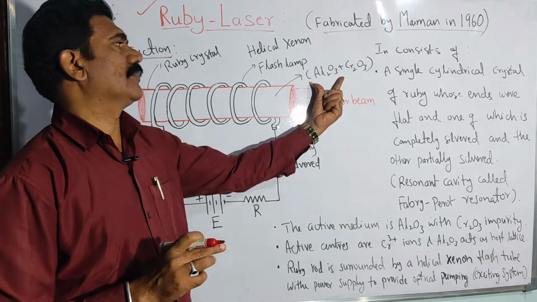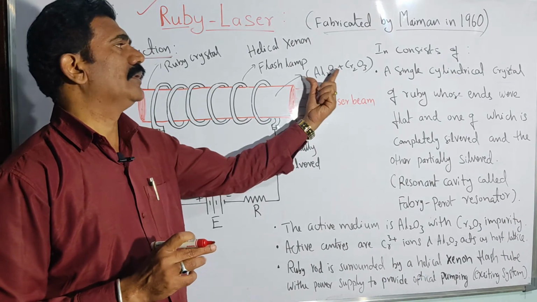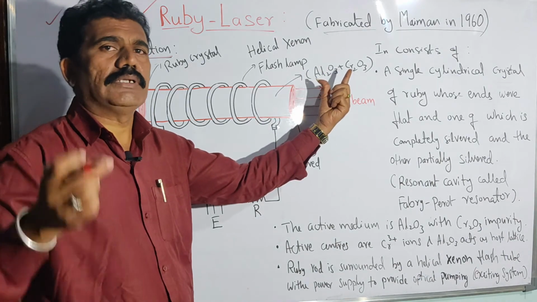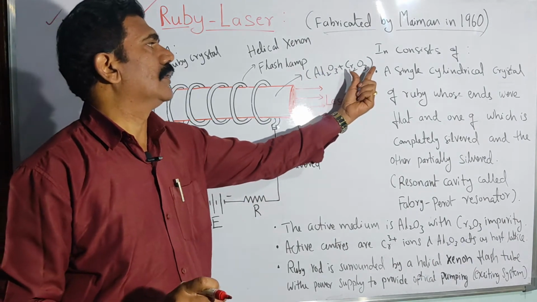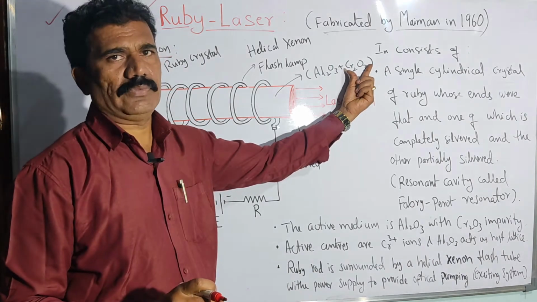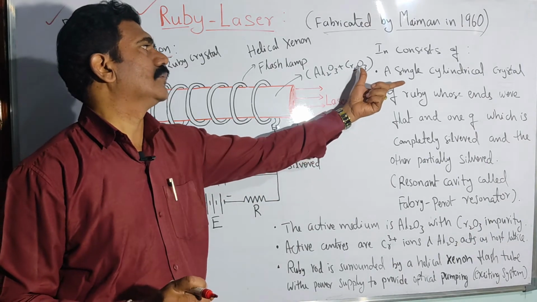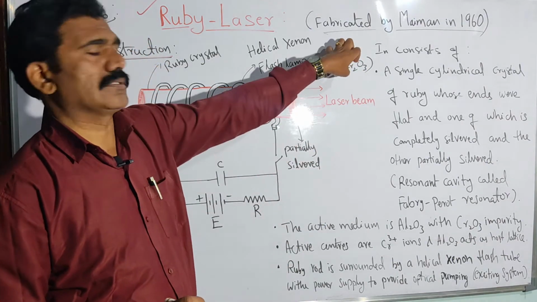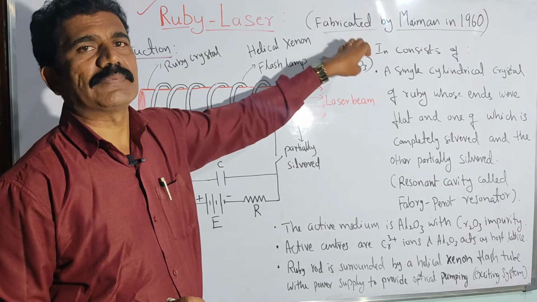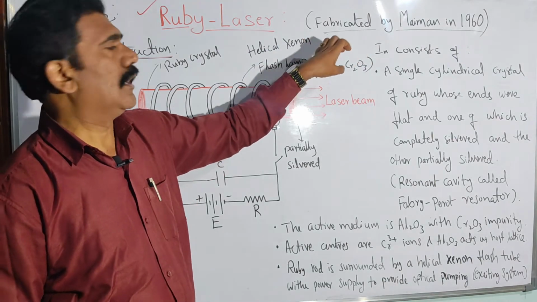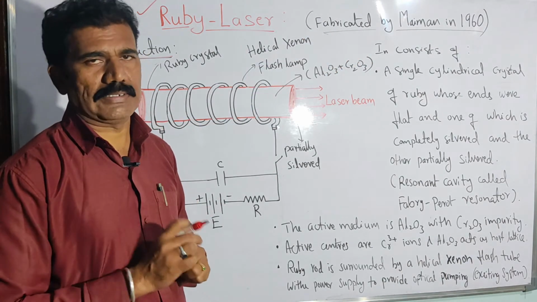The crystal consists of aluminum oxide, slightly doped by chromium oxide. In the combination of Al2O3 plus Cr2O3, the chromium ions, the impurity present in the ruby crystal, are the very important active materials here.